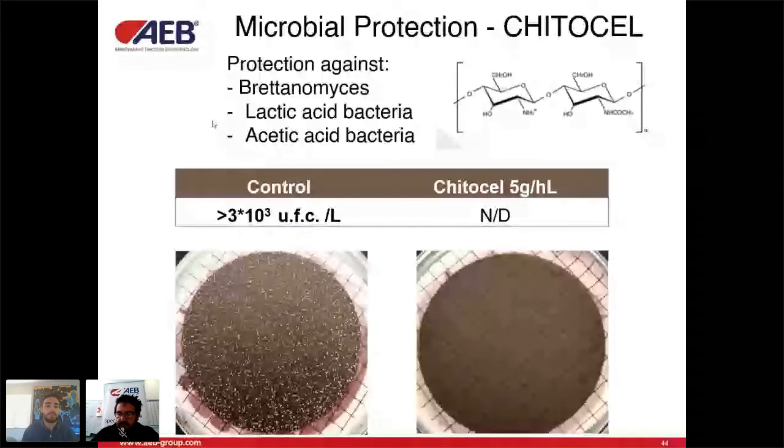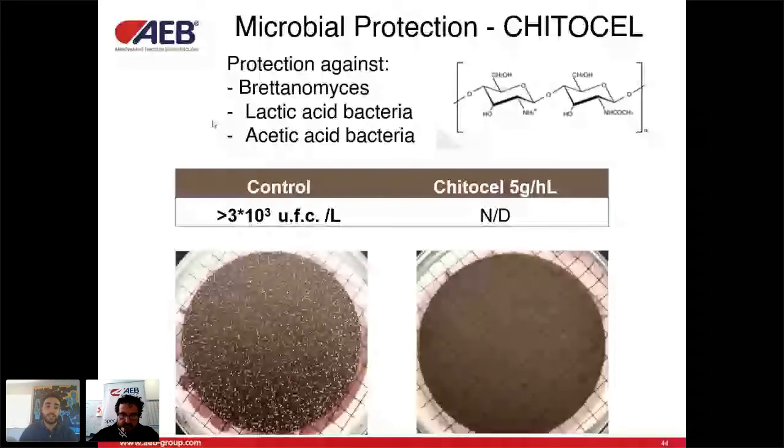IB developed a new product called Chitocell, which is based on chitosan. Chitosan is a molecule that comes from fungi, and because it's positively charged in wine, it reacts with the membrane of these spoilage microorganisms and causes their death.